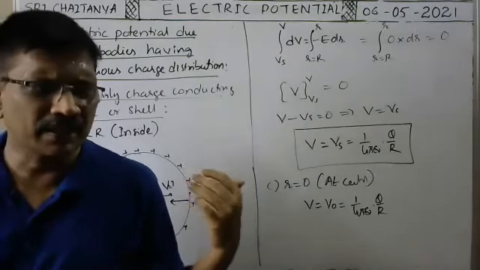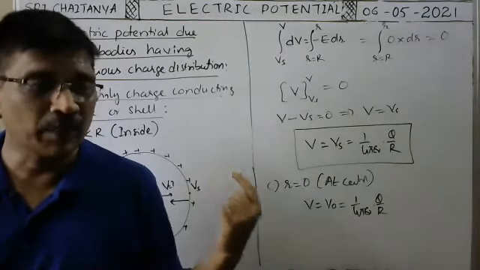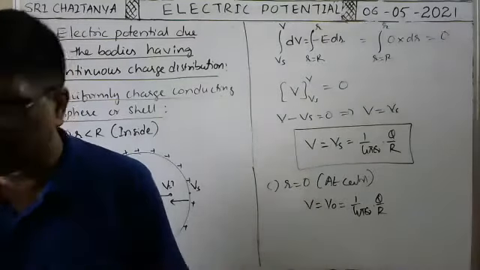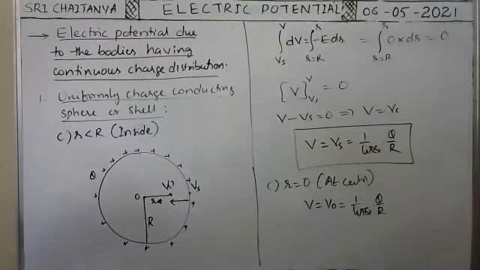At any point inside the conducting sphere, E is equal to 0, but at any point inside, V is not equal to 0. That is equal to 1 by 4 pi epsilon into Q by capital R. So in case of conducting sphere, at any point inside, even though E is equal to 0, V is not equal to 0.